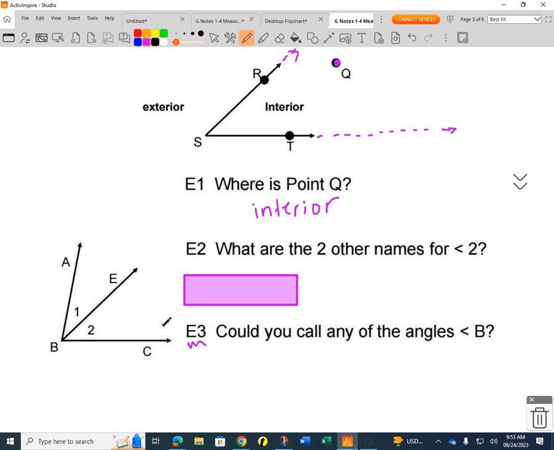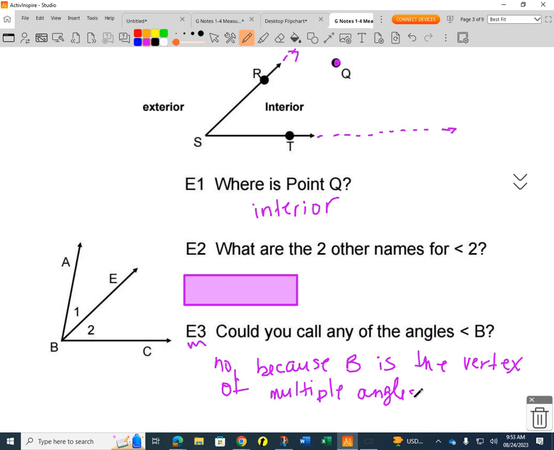They all 3 have a vertex of B. So if we say B, how do we know which angle we're talking about, right? So we can't call any of those angle B, because B is the vertex of multiple angles. We can only call one of those angles B if that's the only angle in the diagram.